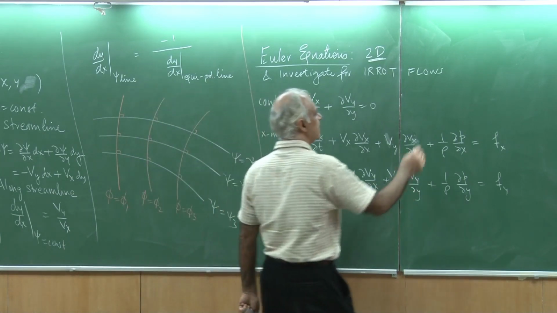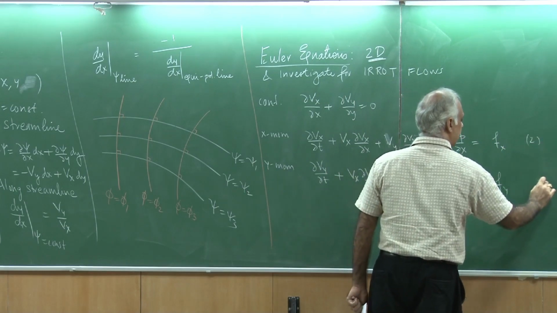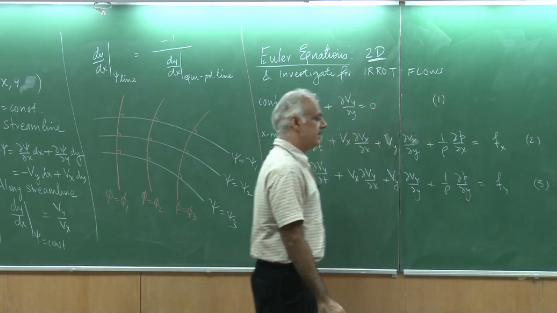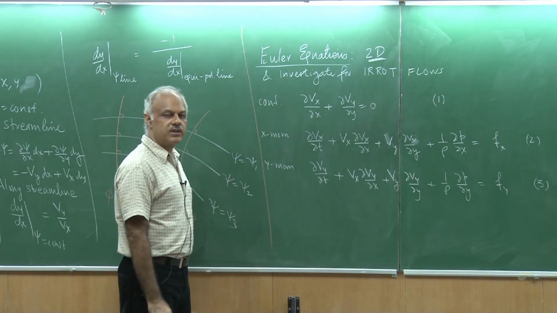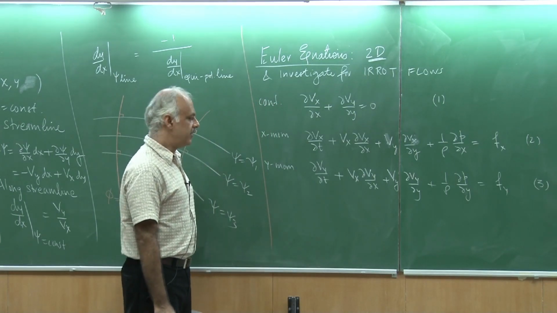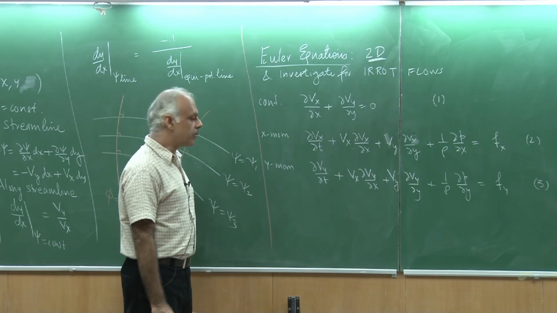Let me call this 1, this 2 and this 3. I will restrict myself to conservative body forces. In fact, I will take a very special case where gravity is the only body force.